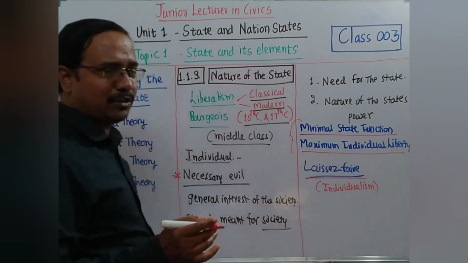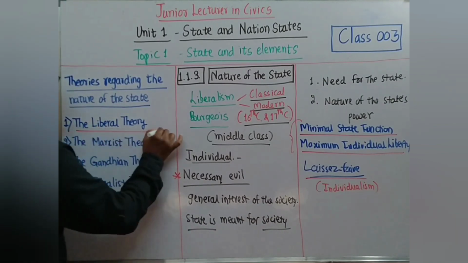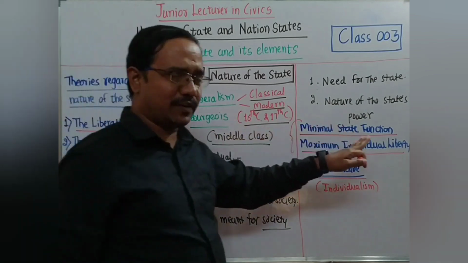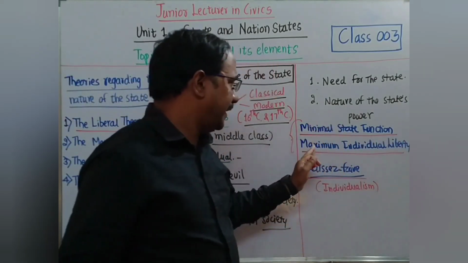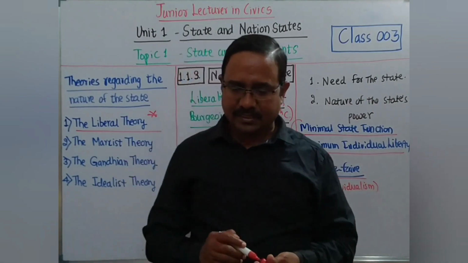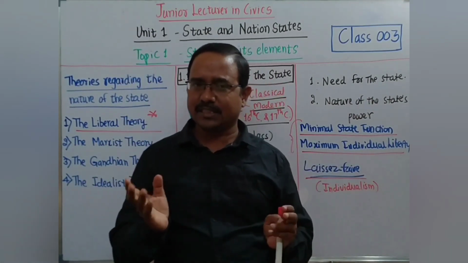They have been described in which of the following theories? You have to write down the answer. The liberal theory. In the liberal theory only, minimal state function and maximum individual liberty have been mentioned. The state and individual freedom are seen as each other's opponents.